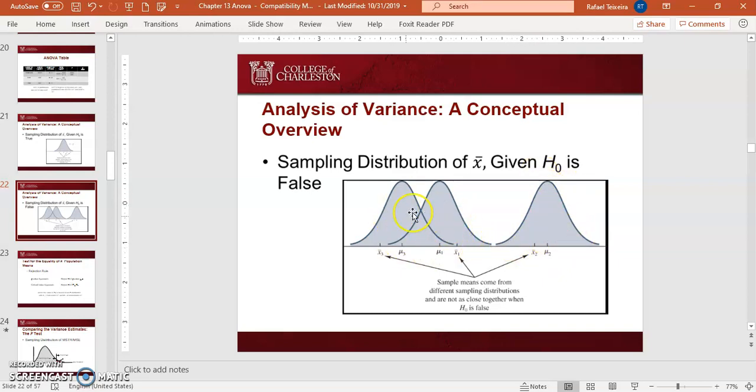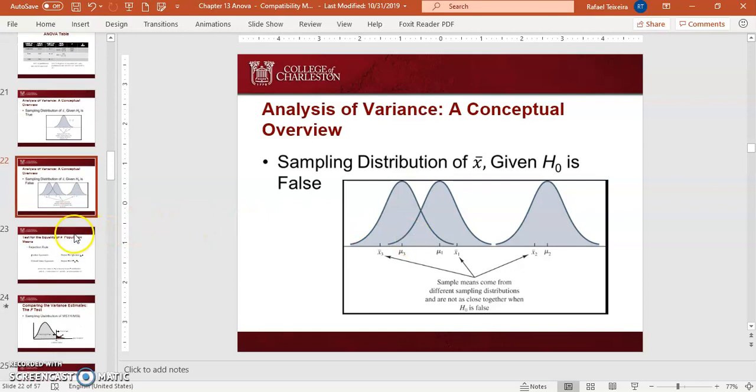Sample mean 3 and sample mean 1 overlap somewhat, so we don't really know if they differ or if it's just because of variability in the sample. But this one is totally different from these two other groups. This one for sure comes from a population totally different from the others. This is what we're testing.